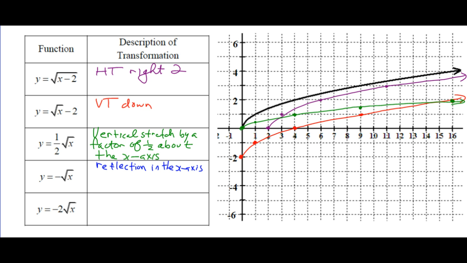So 0, 0 goes where? Stays the same, and we call that an invariant point. 1, 1 becomes 1, negative 1. Hey, it's got the same point as the red one. 4, 2 becomes 4, negative 2. 9 goes to negative 3, and 16 goes to negative 4.